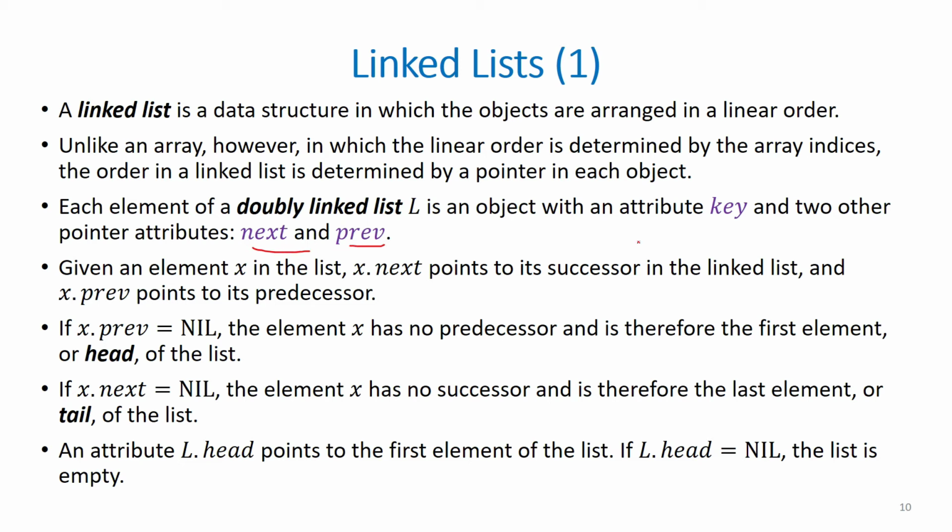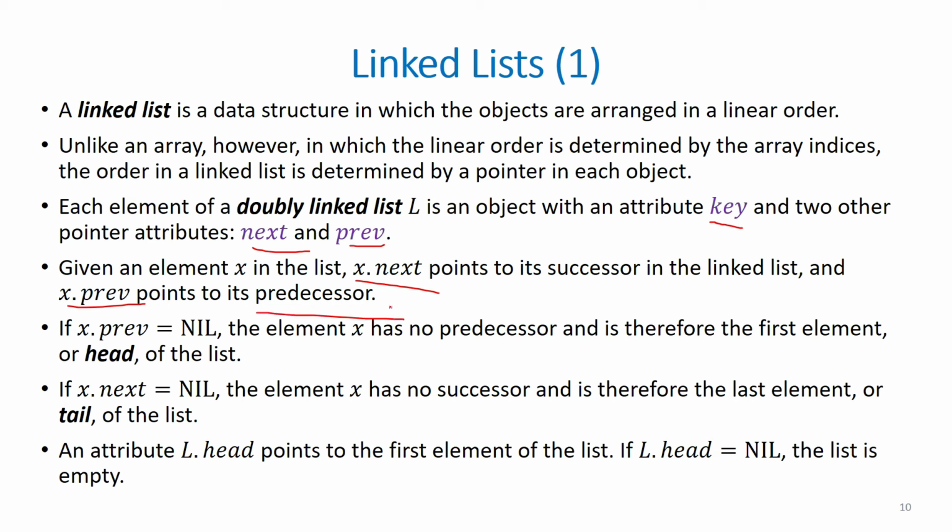Apart from these 2 pointers, we also keep track of the key attribute, which is the key value. So if we are given some element x in the list, x.next points to the next immediate element in the list, or the successor, and x.previous points to the previous element, or predecessor.